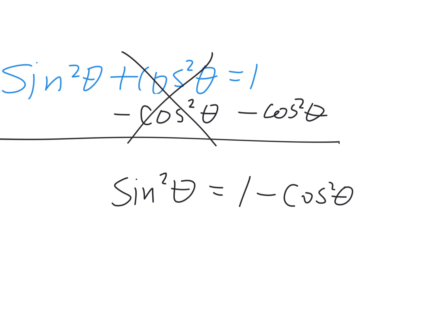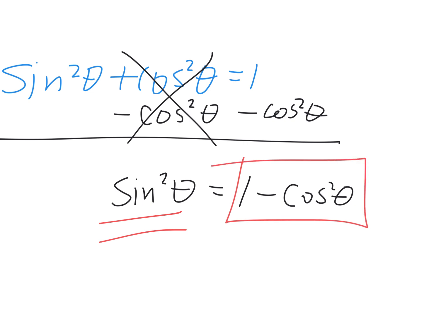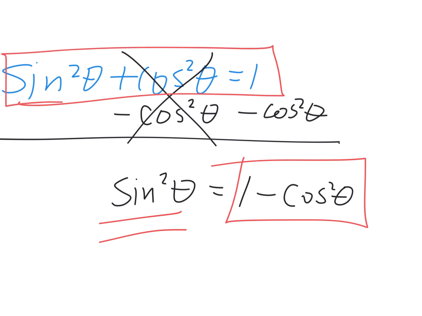And that is a legal substitution then. Do you get that wherever you see sine squared, you could put 1 minus cosine squared? It's just as much of a fact as this blue one is. It's just rearranged.